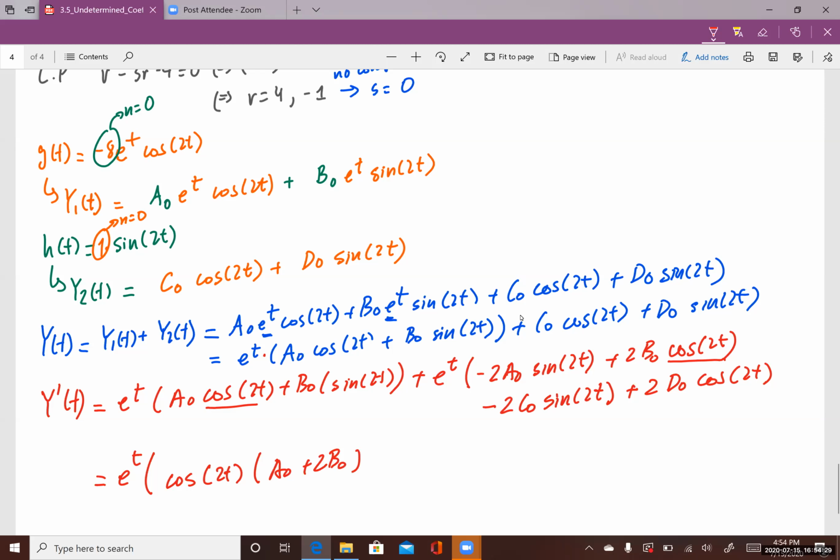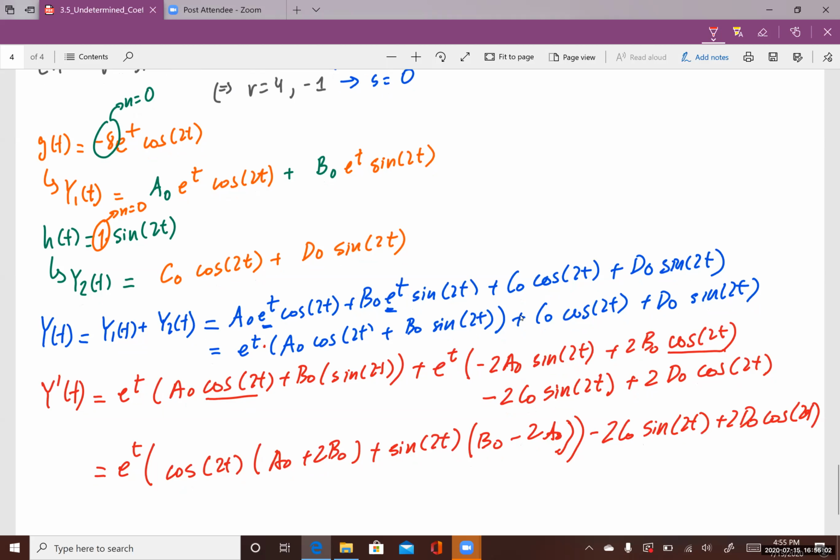And then, moving on to the sine of 2t, I would have b0 and negative 2a0. Okay, so it's much nicer to combine this together, right? Close parenthesis, and again, minus 2c0 sine 2t plus 2d0 cosine 2t.